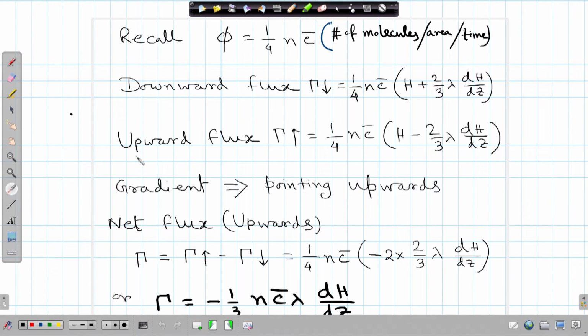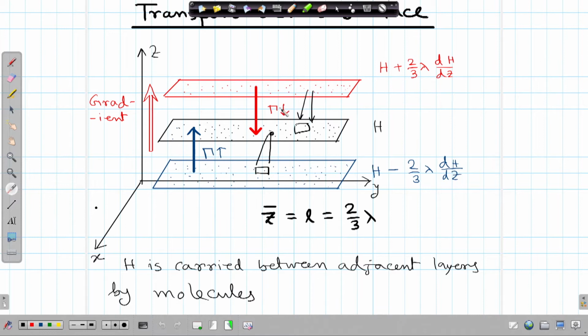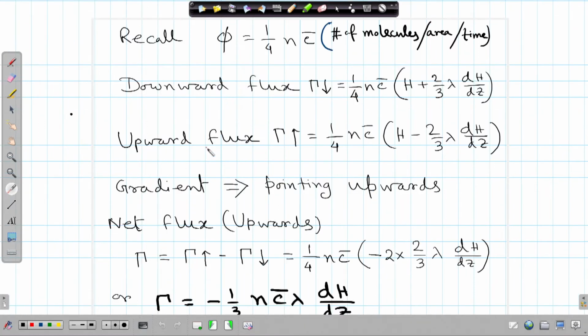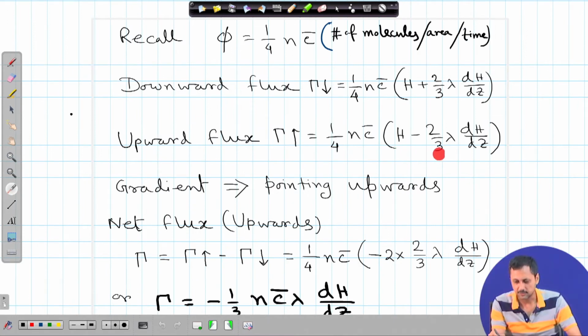Similarly, the upward flux from the cold layer. So, basically we mention here this is gamma down, which is the downward flux, and this is gamma up, which is the upward flux. Okay. So, this upward flux is given by 1/4 n c bar times H minus 2/3 lambda dH/dz. So, basically the flux multiplied by the physical quantity H, that is the characteristic of the cold layer.